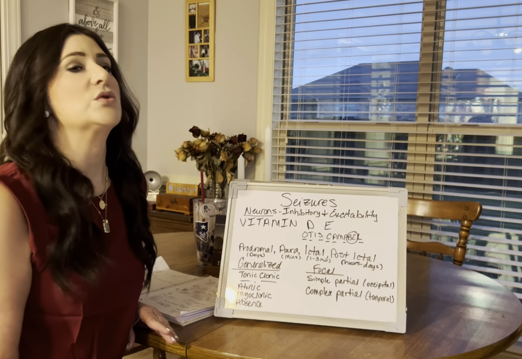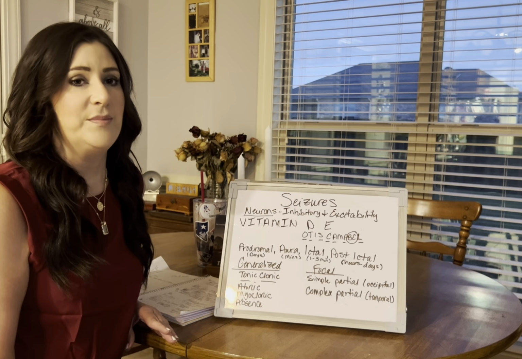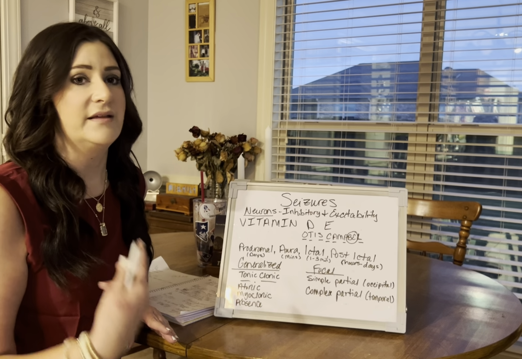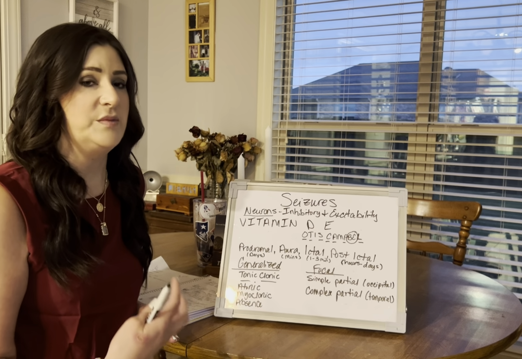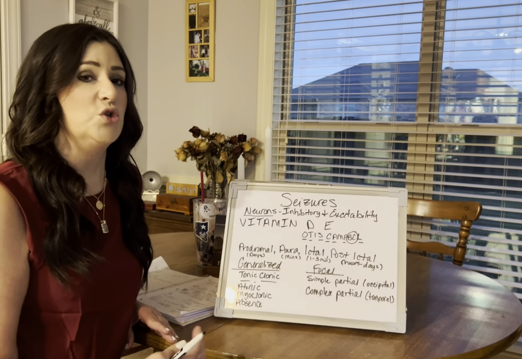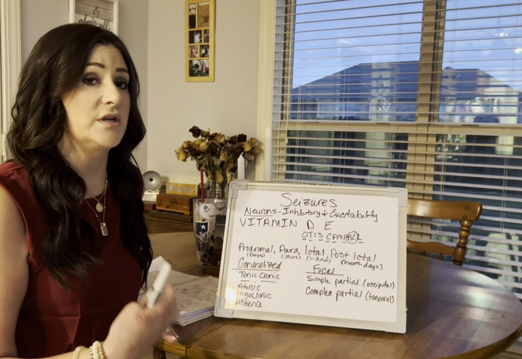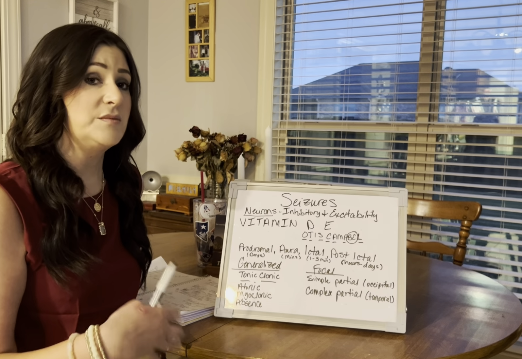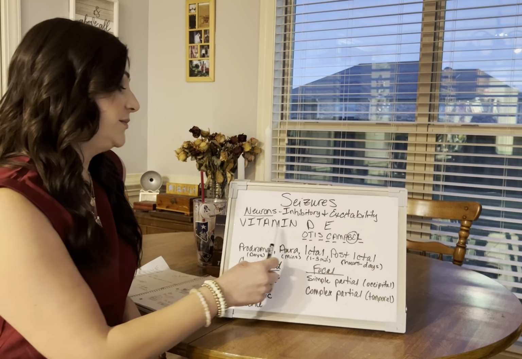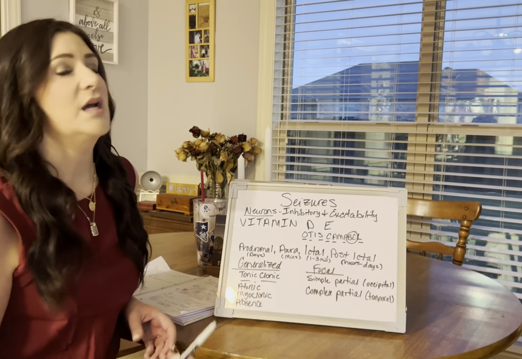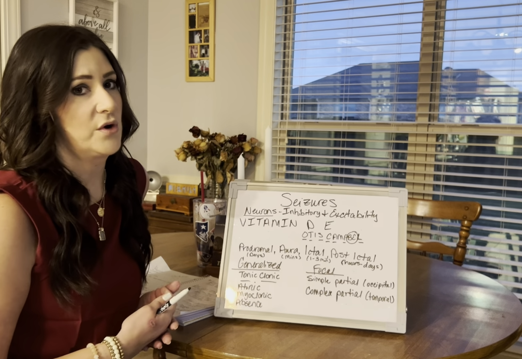Not every single seizure that happens in the clinical setting, the ICU setting in particular, is because of a chronic epileptic disorder. The majority of seizures that occur in that setting are because of some type of reversible cause. And so we have the acronym VITAMIN D and E to help you remember those reversible causes.